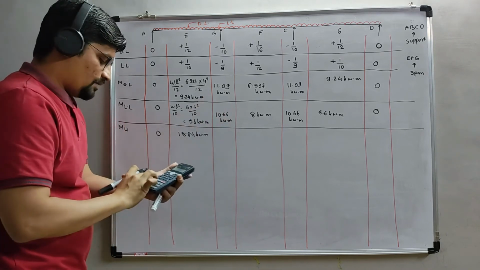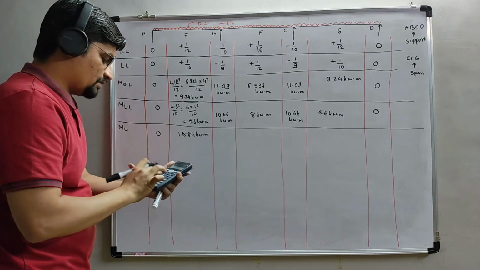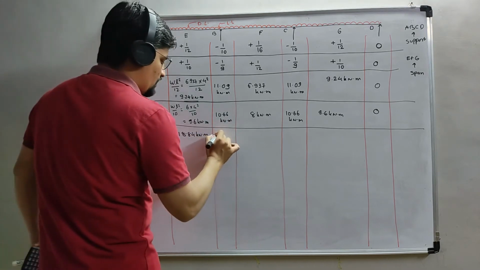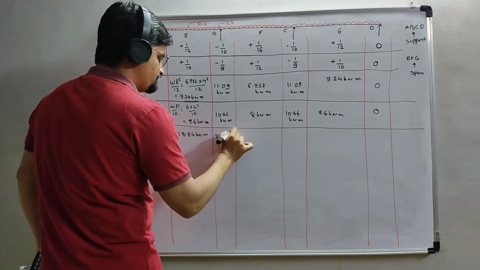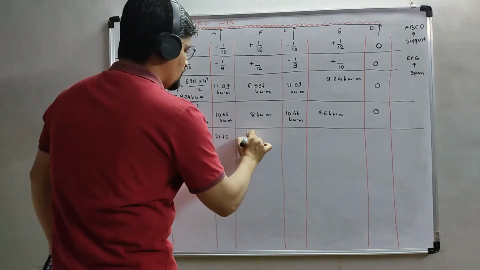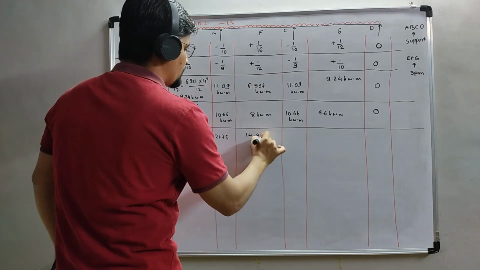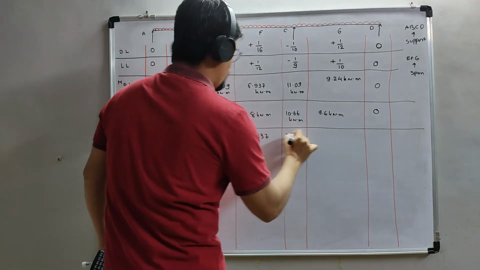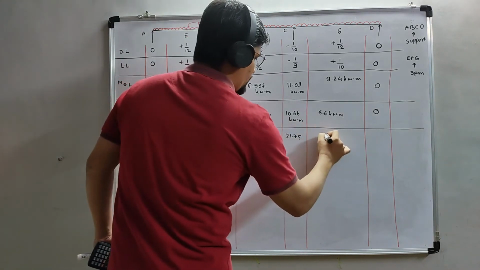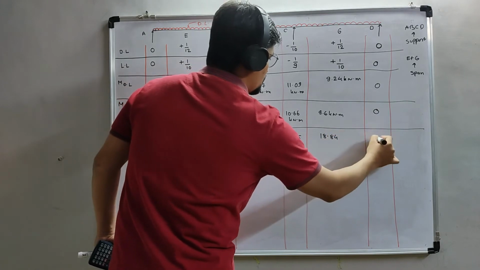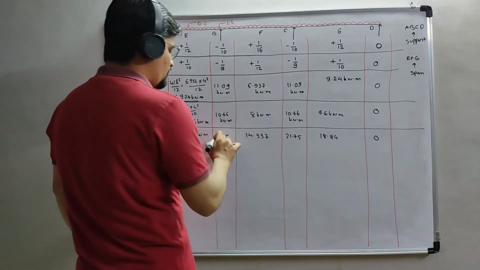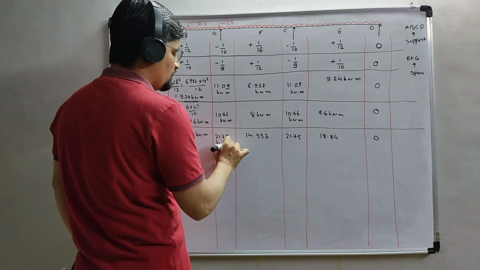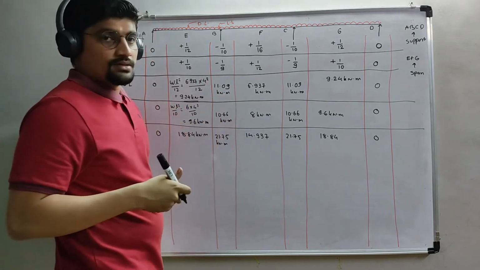Here it will be 10.66 plus 11.09, 21.75. Here it is 14.937. Here it is 21.75, 18.84, 0. Okay.